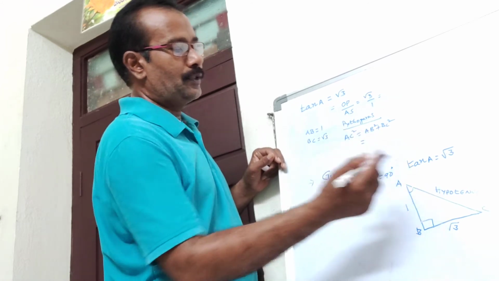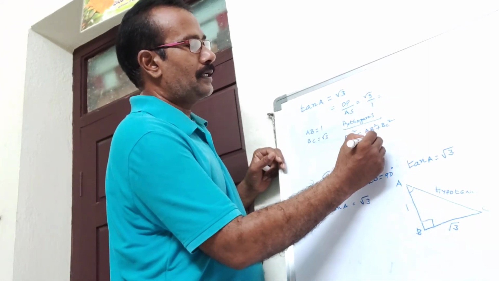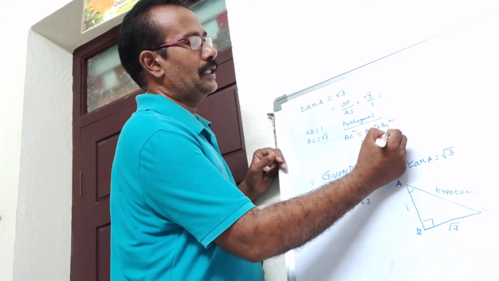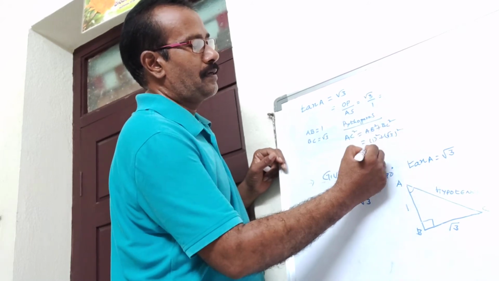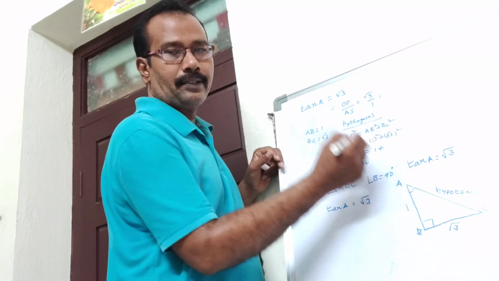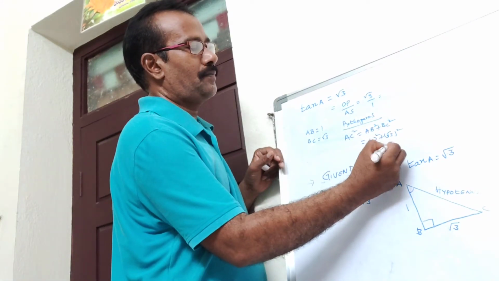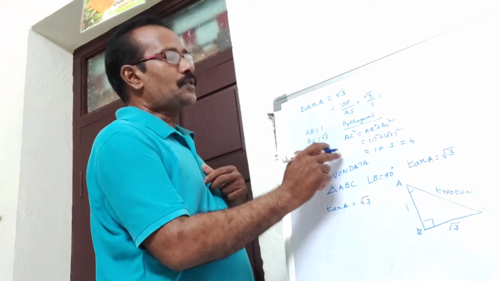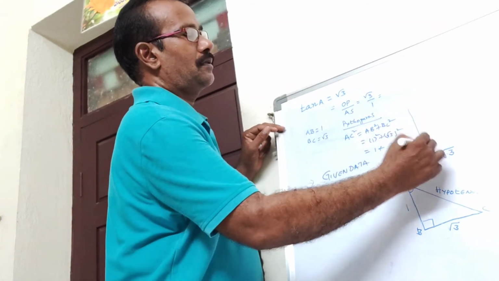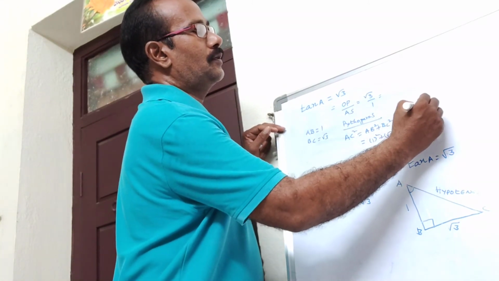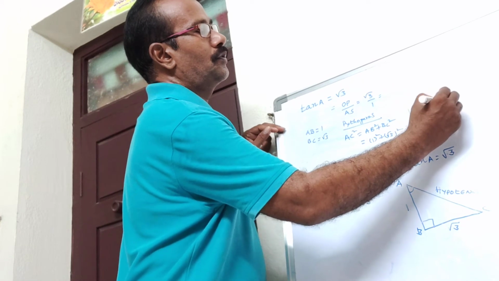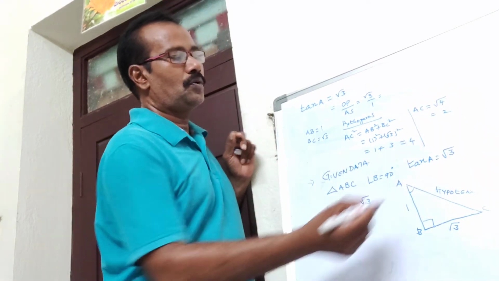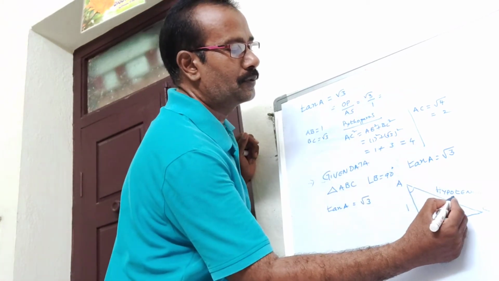AC square we don't know. AB square is 1 square plus BC square, root 3 whole square, that is 1 plus 3, equal to 4. AC square is equal to 4, then AC is root 4, that is 2. So the hypotenuse we got is 2.